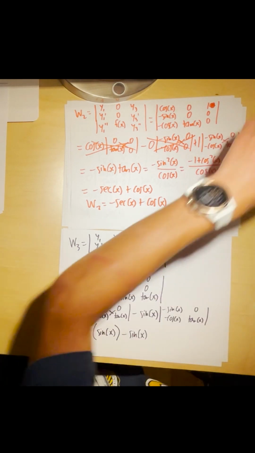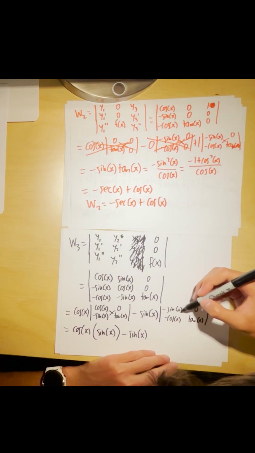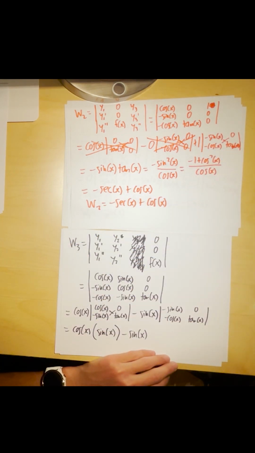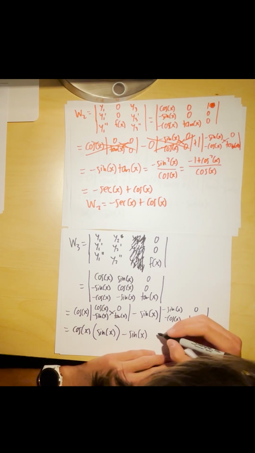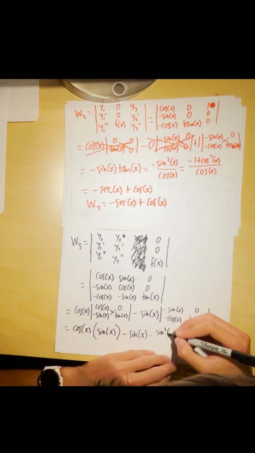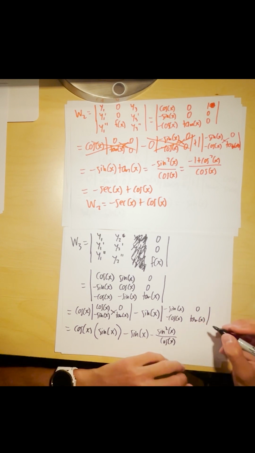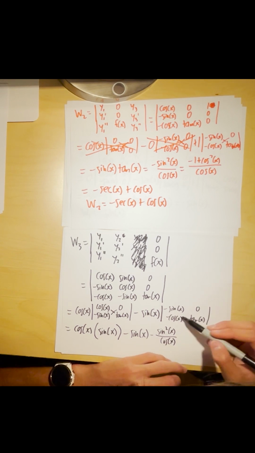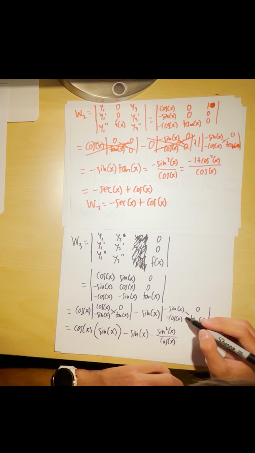Finally, negative sine x, and then we have negative sine x times tangent x, which will be, we end up with, I'm going to just write it as what we had up here. And this part evaluates to 0.